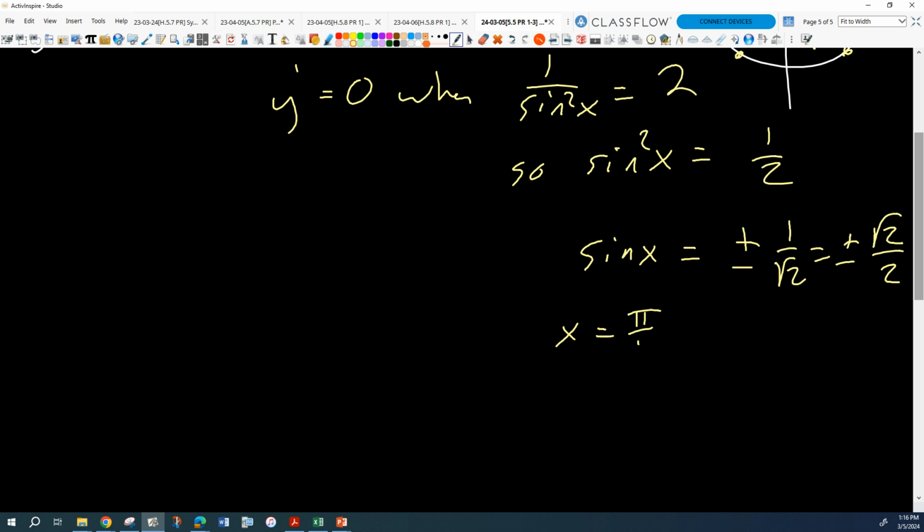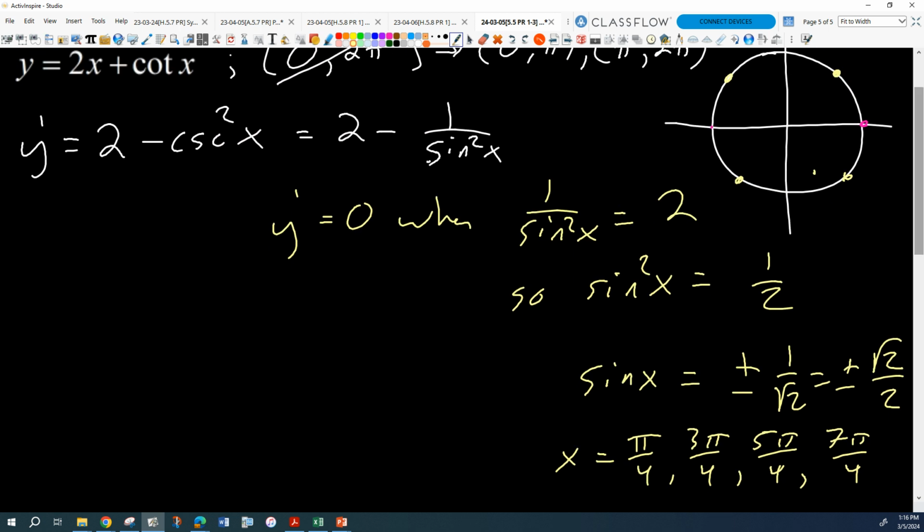4 critical numbers. Okay, that's where our y prime is 0. Where is y prime undefined? When sine is 0, right?